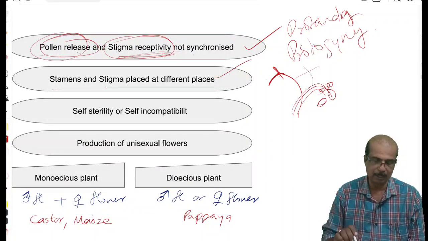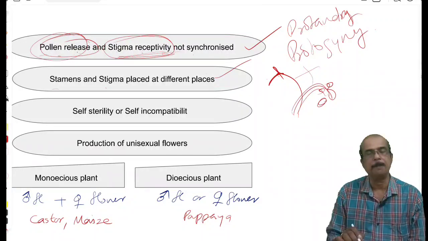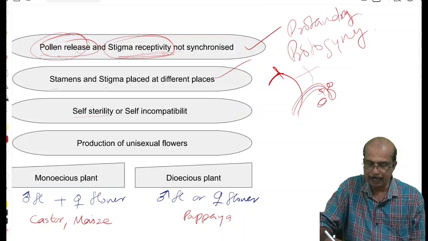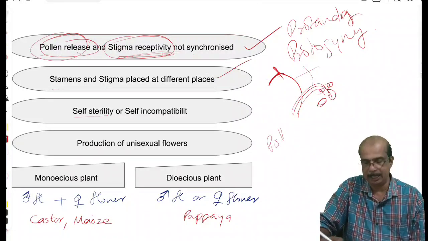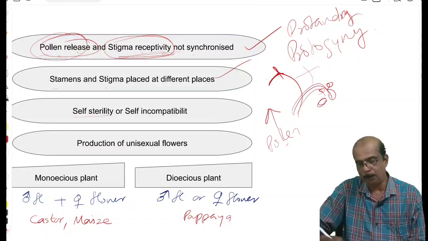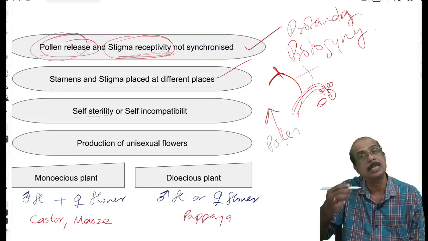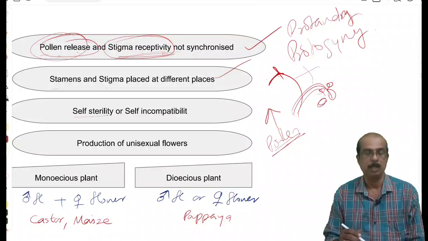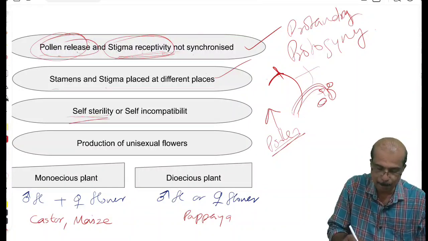This is another device. Then self-sterility. The pollen of a plant is sterile to that plant. The pollen cannot germinate on the stigma of the same plant. That is self-sterility, or self-incompatibility.